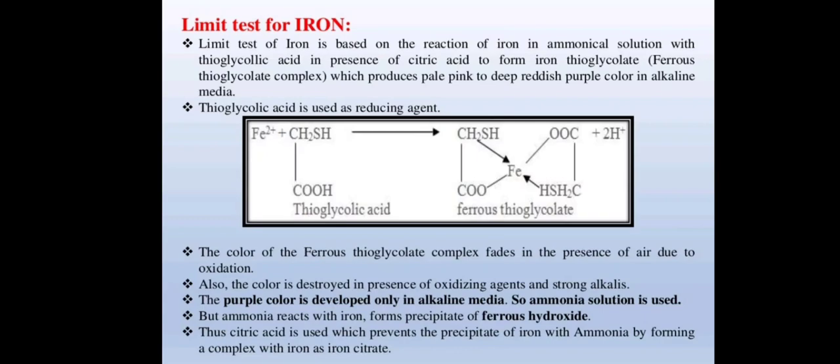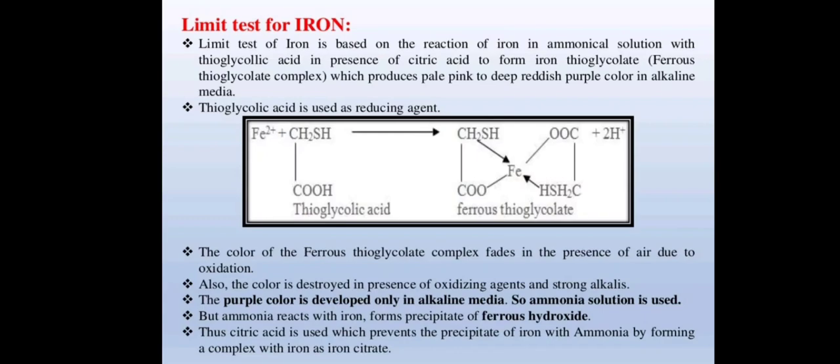Then ferrous iron again reacts with thioglycolic acid. It will give ferrous thioglycolate in the presence of ammonia and citric acid. So what is the color of ferrous thioglycolate? Pale pink to deep reddish purple color. So that is the color of ferrous thioglycolate. So it is a coordination compound.